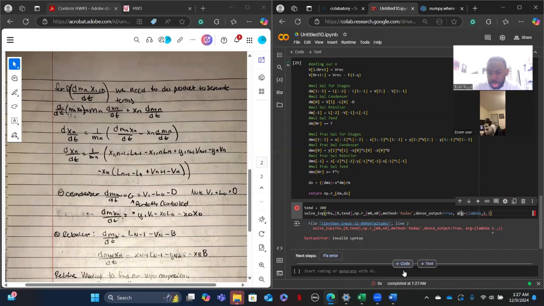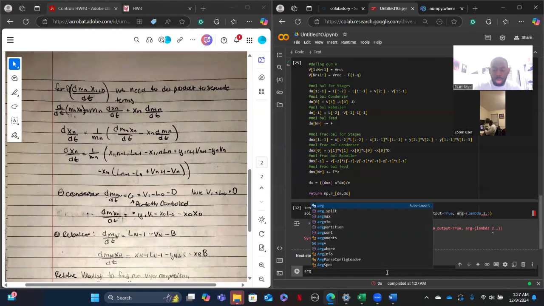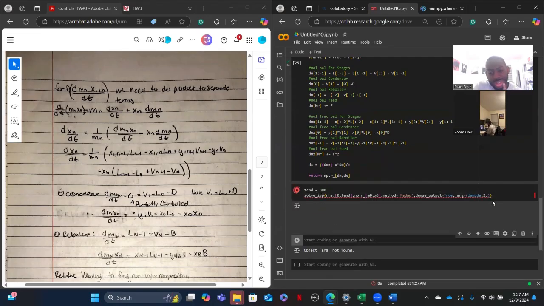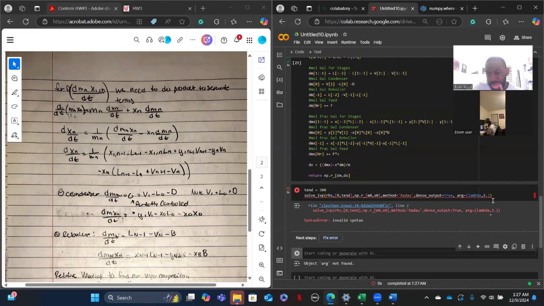Lambda, let me see, argument, arg, question mark. Okay, so the one time that didn't work. I swear this is supposed to work. It's supposed to be a comma after. Invalid syntax. That should be right though.